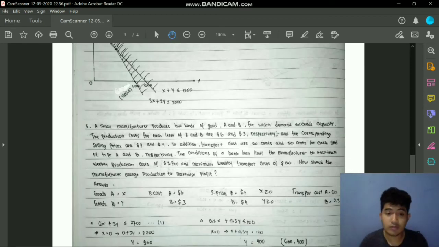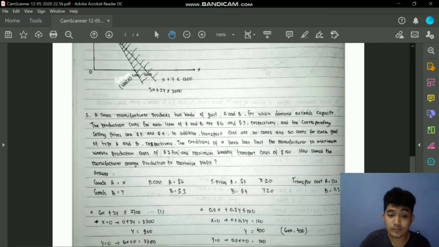So the number 3 is: a small manufacturer produces two kinds of goods A and B for which demand exceeds capacity. The production costs for each item of A and B are $6 and $3 respectively, and the corresponding selling prices are $7 and $4.